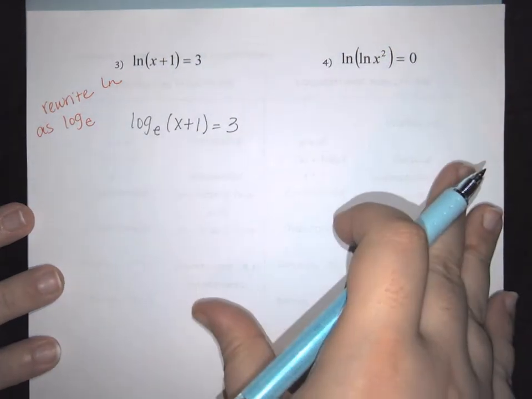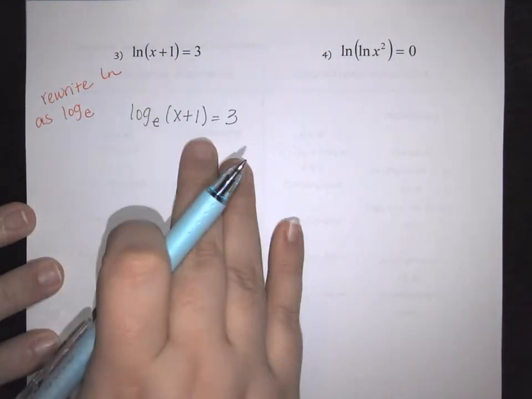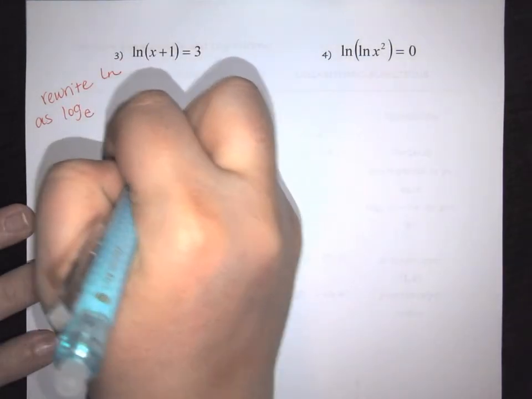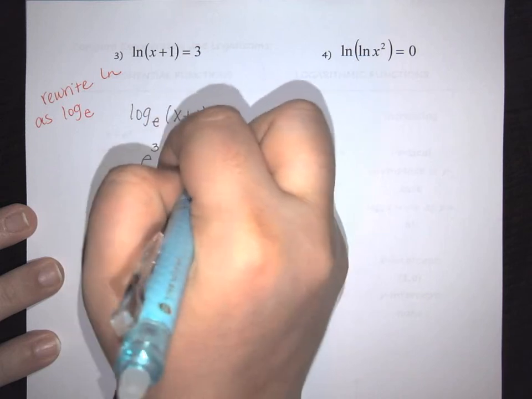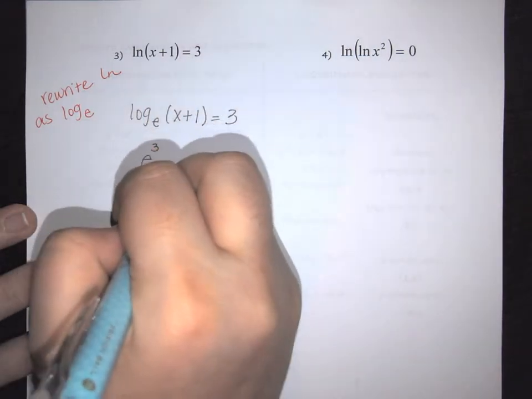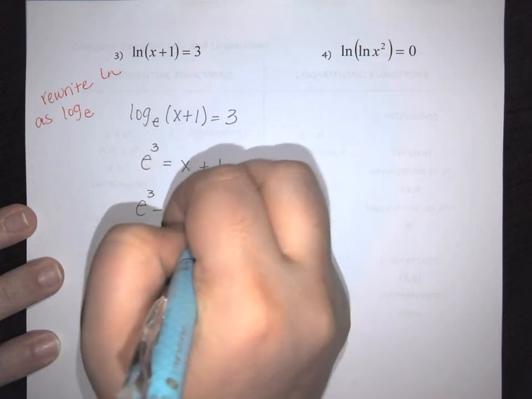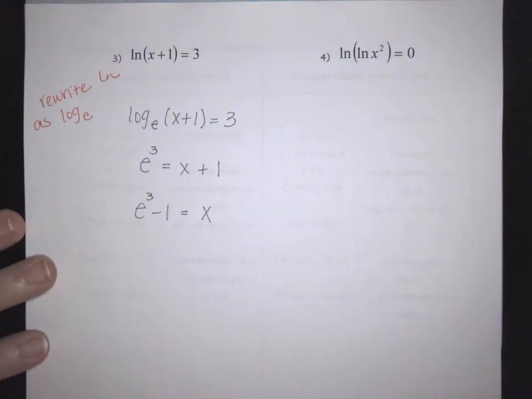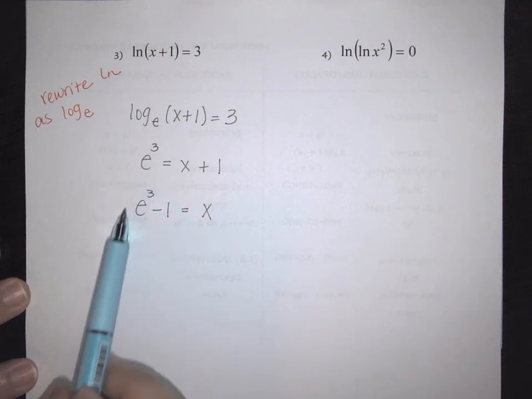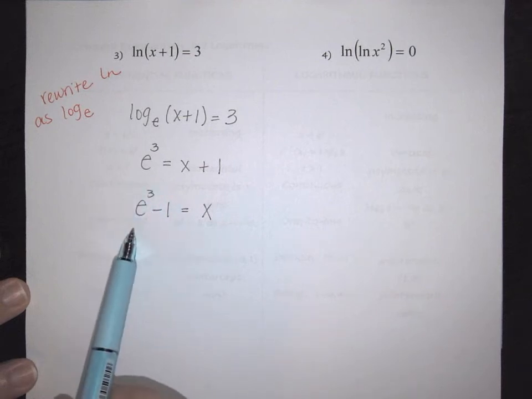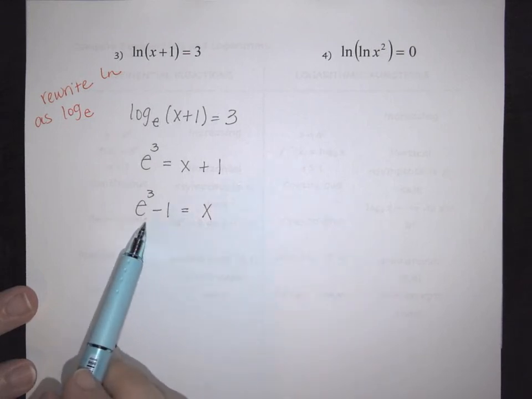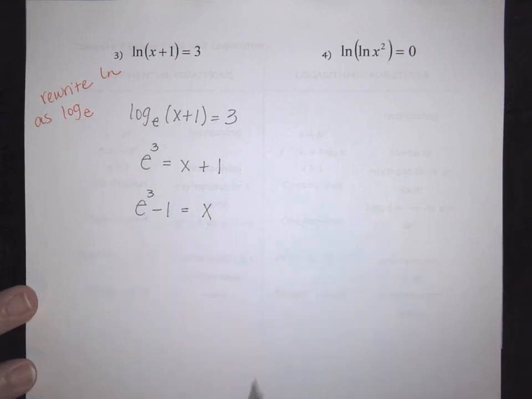Now we can convert this over into exponentials. What we end up getting is that e to the 3 is equal to x plus 1. So e to the 3 minus 1 is equal to x. In this case, I would leave this as is, because this is going to be a decimal that has a lot of non-repeating values, and so leaving it in this form is exact.